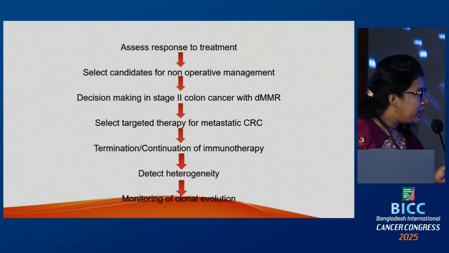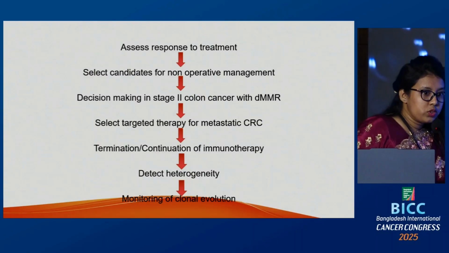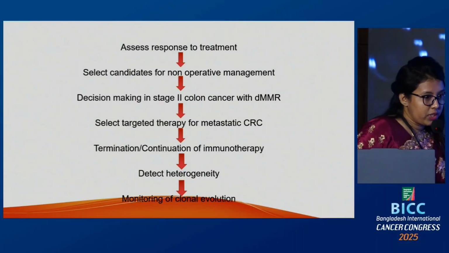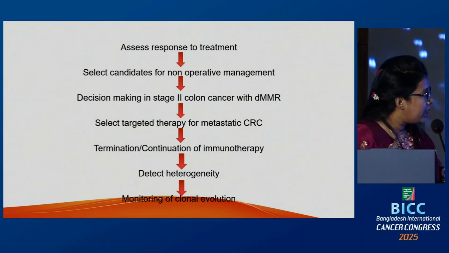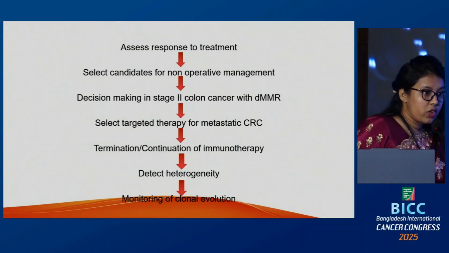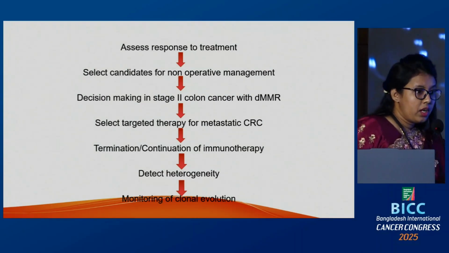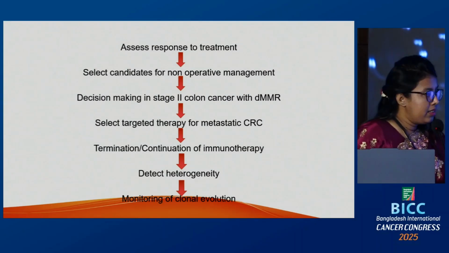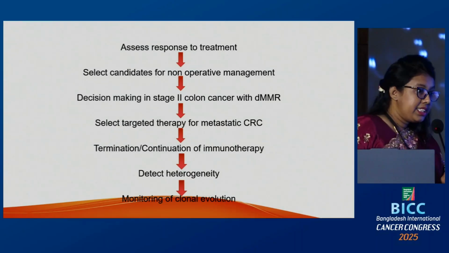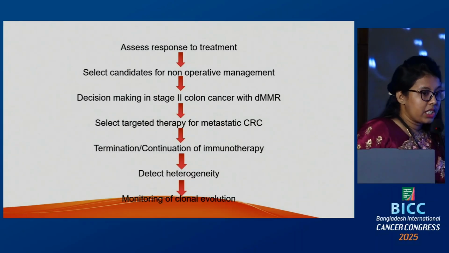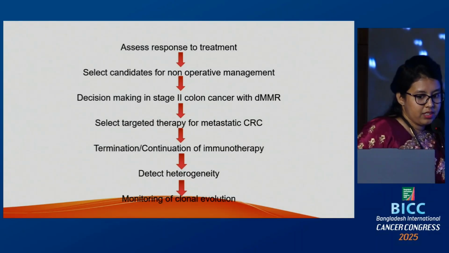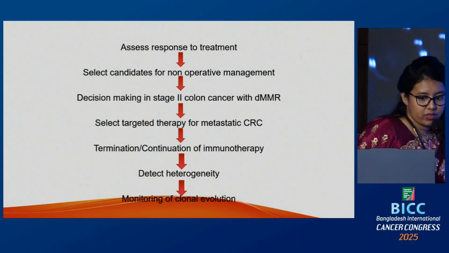Moreover, it helps in assessing the response to treatment, like neoadjuvant treatment. And in this way, it helps in selection of candidates for the watch-and-wait policy. Also, the most important point here is that it helps in decision making in stage 2 colon cancer with deficient MMR. I will talk on this topic later on.